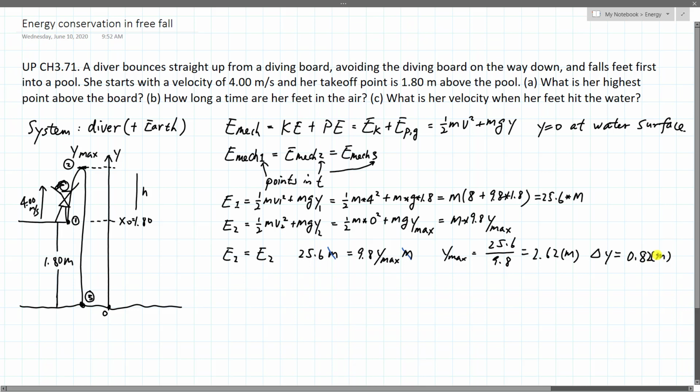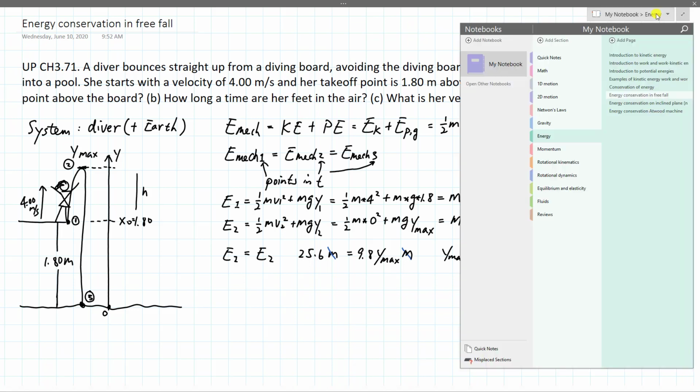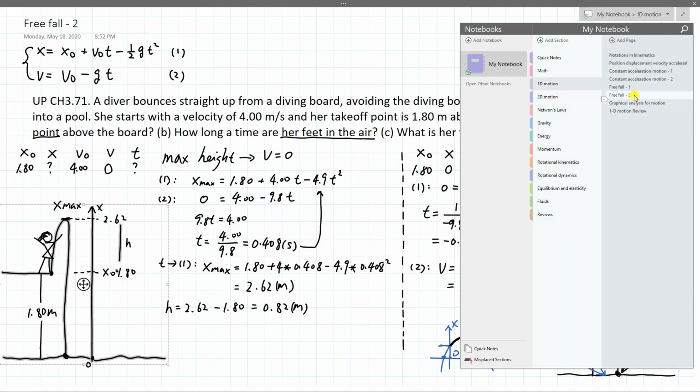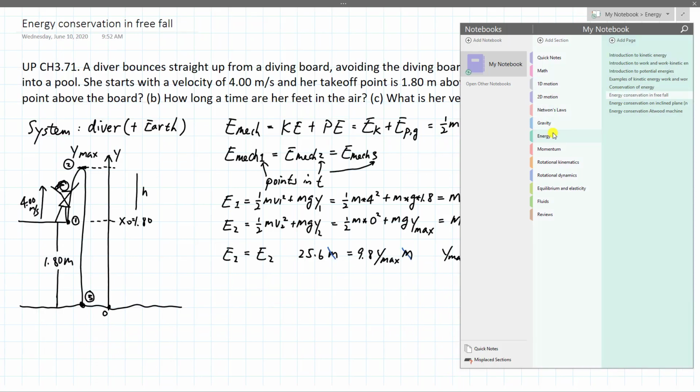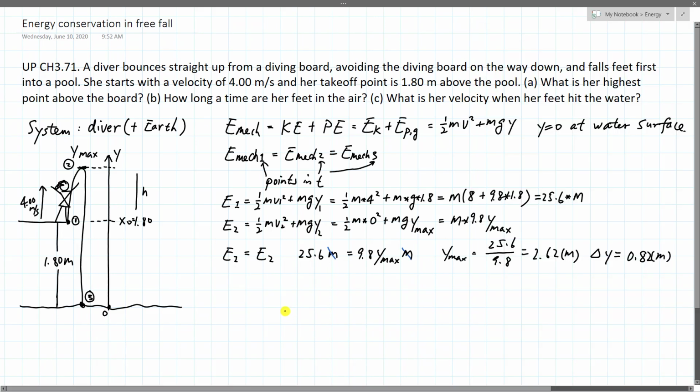So 0.82 meters. And let's refer to the last time we had it. So 0.82 meters, that was calculated through the kinematics. Okay, so it seems like we got the same answers. All right, we'll keep moving forward.